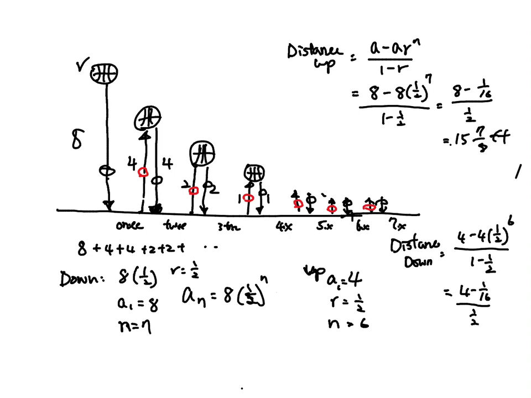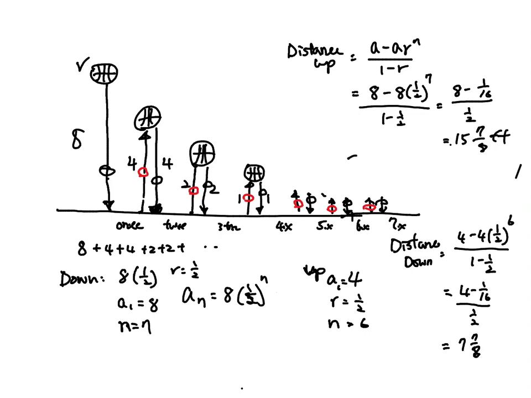So calculator, 4 minus 1/16 is 3.9375 in my calculator. Then divided by 1/2 is 7.875, which is 7 and 7/8.